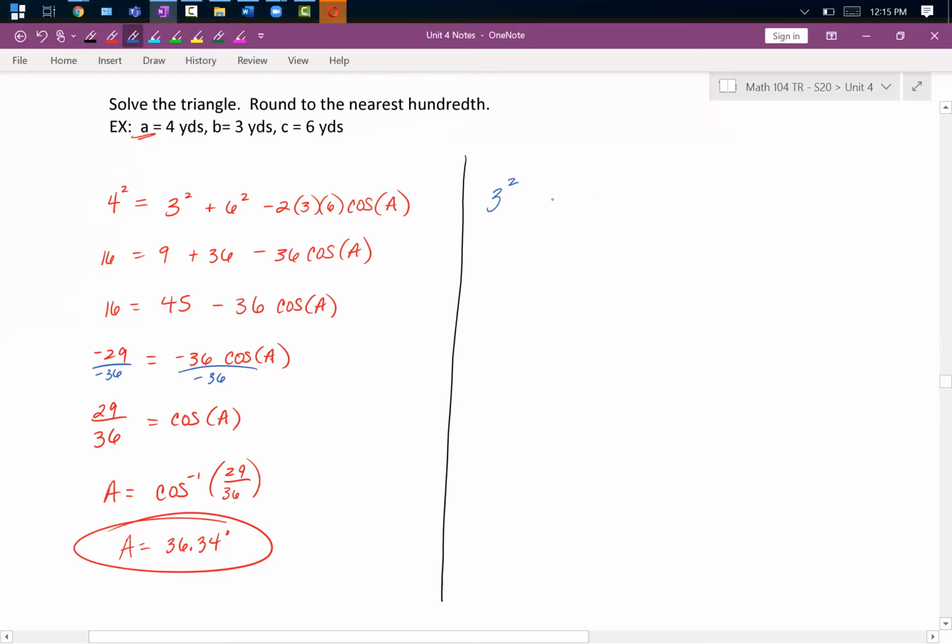So b squared equals a squared plus c squared minus 2 times a times c. See, it's so hard for me to even remember the variables. So it's one side squared equals the other two sides squared and added together minus 2 times the sides on that same side, and then cosine of the first side, which is b. And we solve for b.